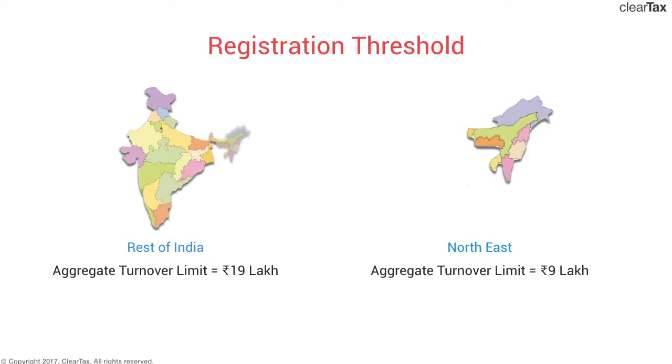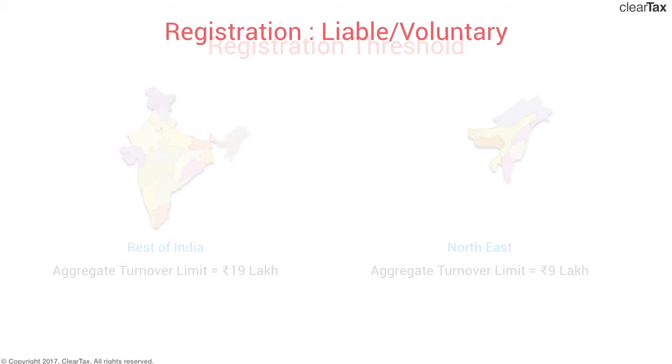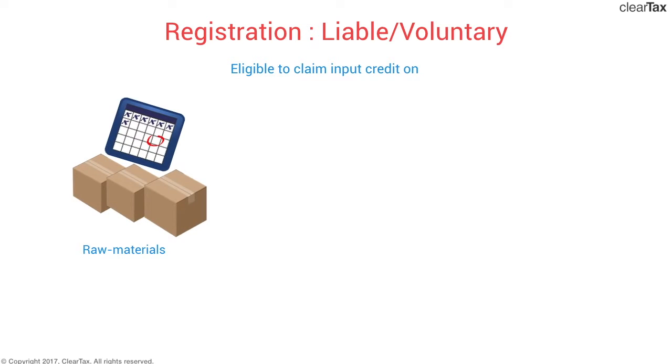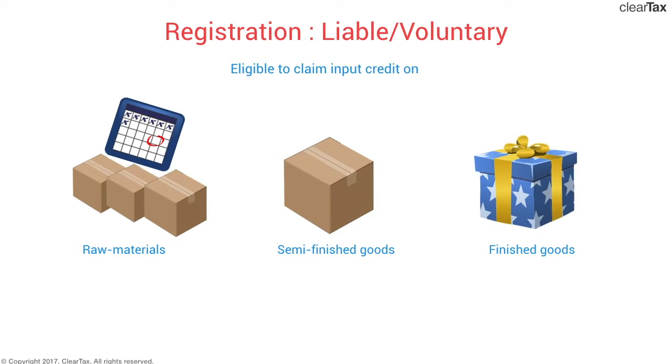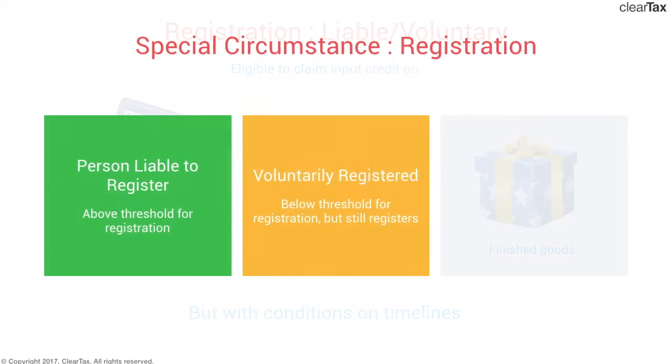So once a taxpayer is registered, it is the duty of the government to give him credit for his input. So there's a special circumstance that arises here. He can claim input credit on raw materials, semi-finished goods and finished goods that he holds in stock, but there's a condition on timeline.